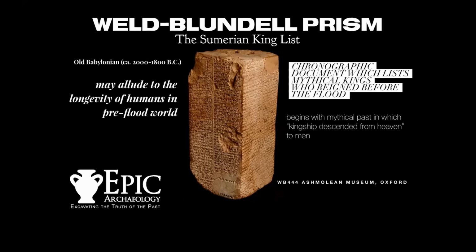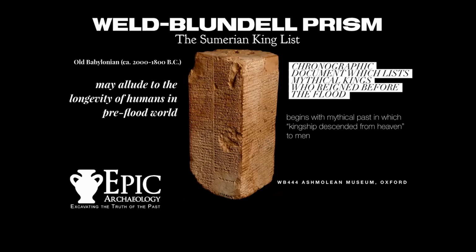When you read in the account of Genesis, Methuselah living to be 900 years old, and Noah was 600 years old, and all the different descendants of Adam living to be hundreds of years old. Well, in this very earliest account of these kings, this document here, it's in the Ashmolean Museum in Oxford, the Sumerian king list.